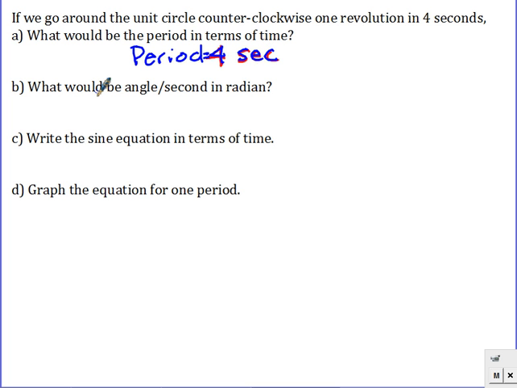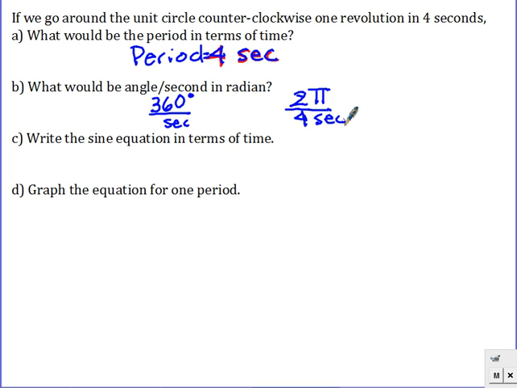Okay, so what would be the angle per second in radians? So how many radians per second? Well, a minute ago we did 360 degrees divided by the number of seconds, but now we're talking about radians. So really what we want to do is 2 pi divided by, in this case, 4 seconds.